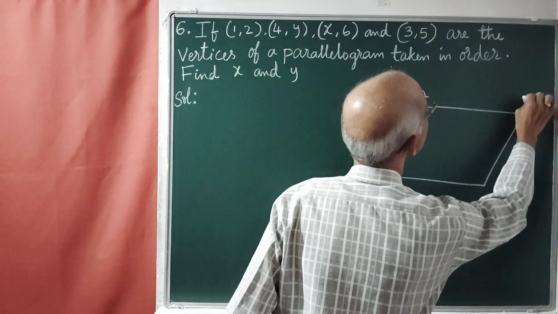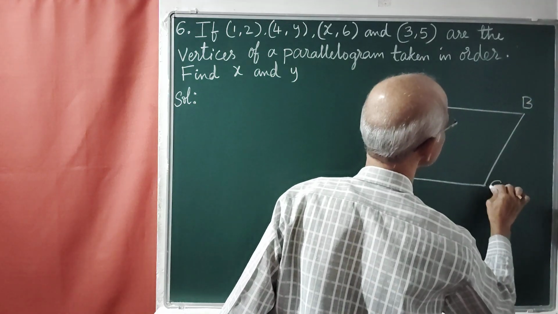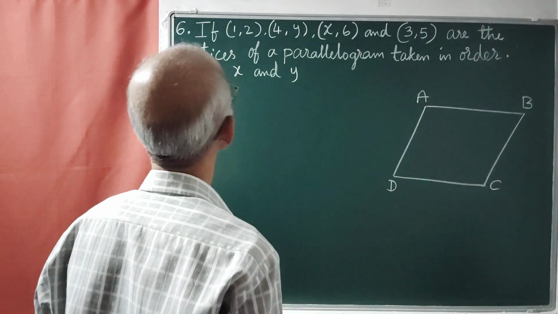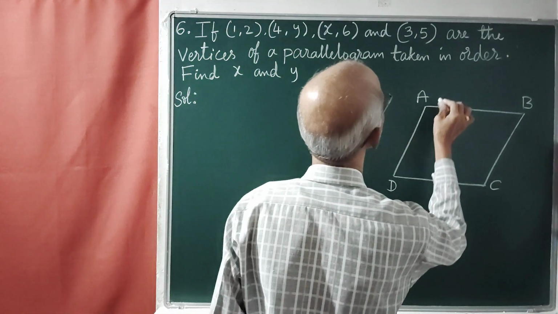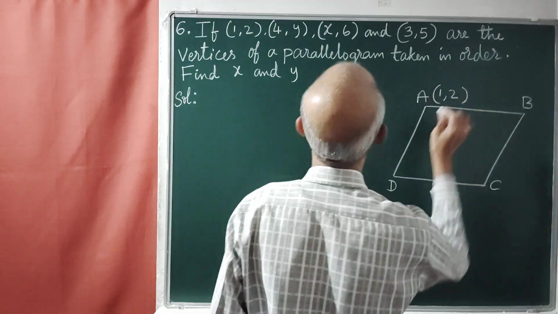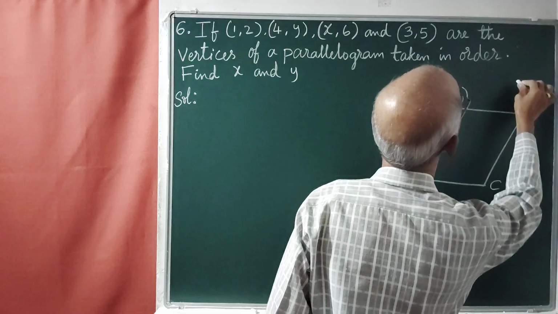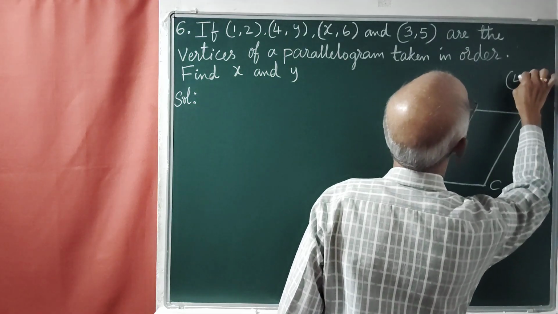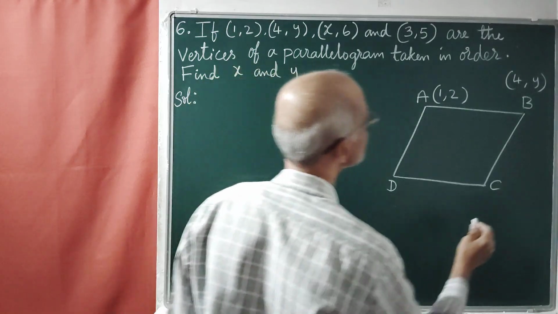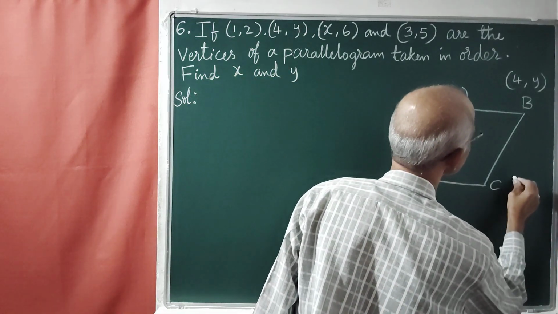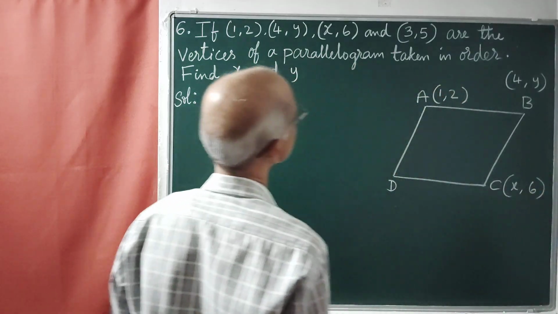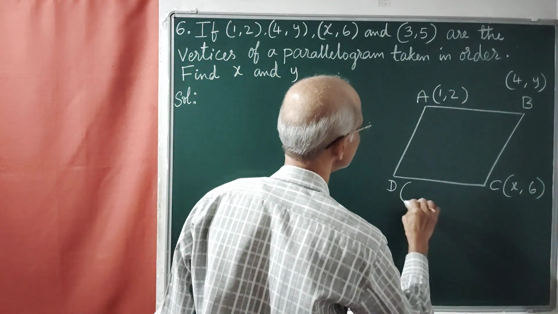Let it be A, B, C and D. So the coordinates will be (1, 2), (4, y), (x, 6), and (3, 5).